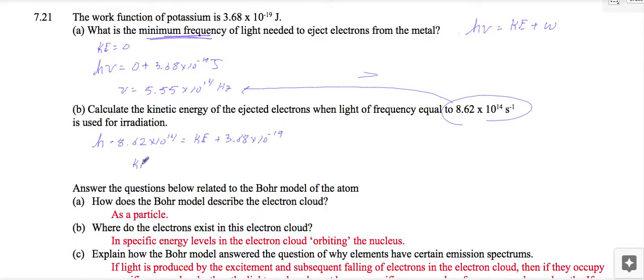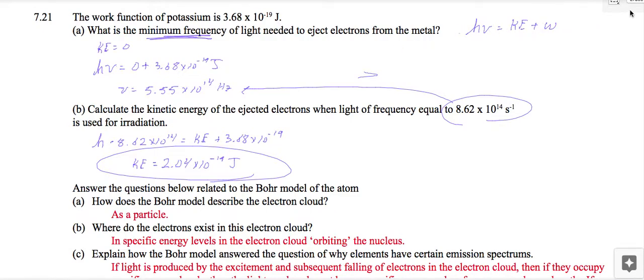We have kinetic energy is equal to 2.04 times 10 to the minus 19th joules. All right, there is our stuff to deal with light.